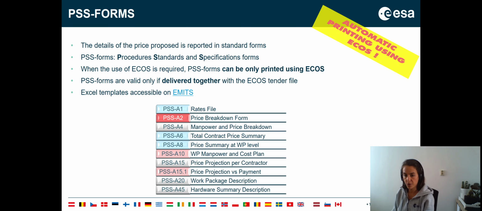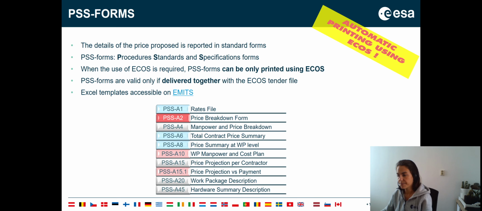The official forms that have to be produced are the PSS forms. So PSS stands for Procedures, Standards and Specification forms. And it's very important to note that they can be printed only using ECOS.